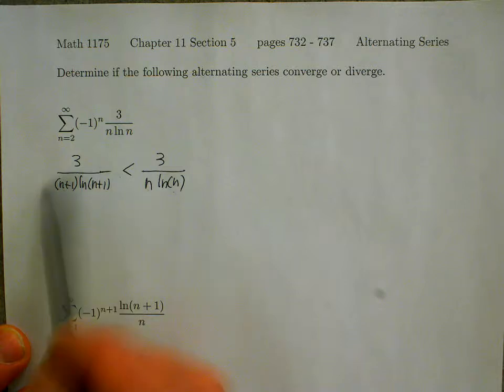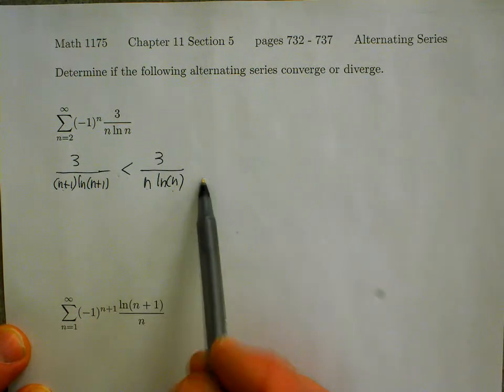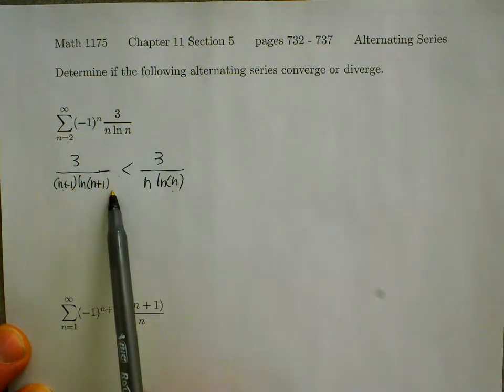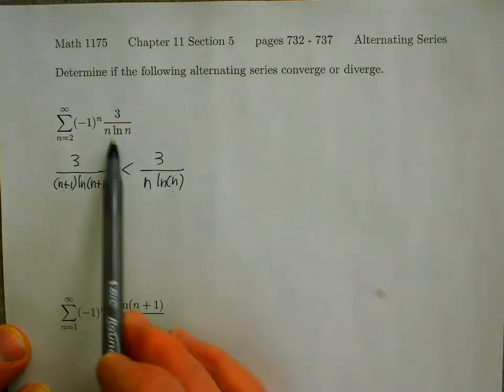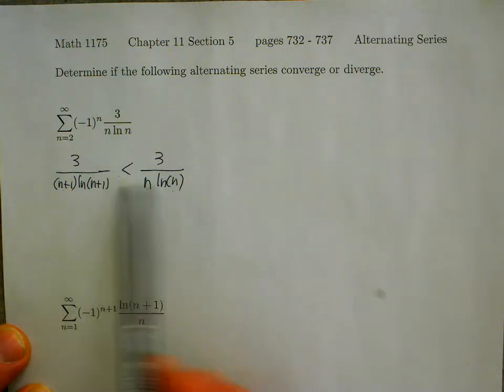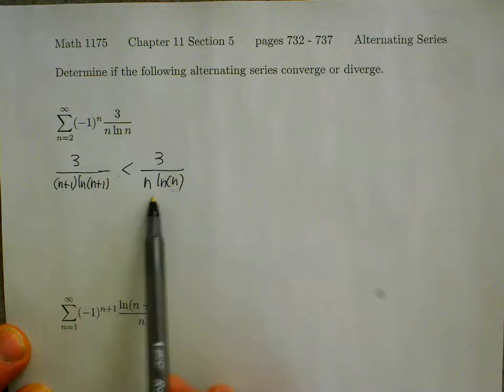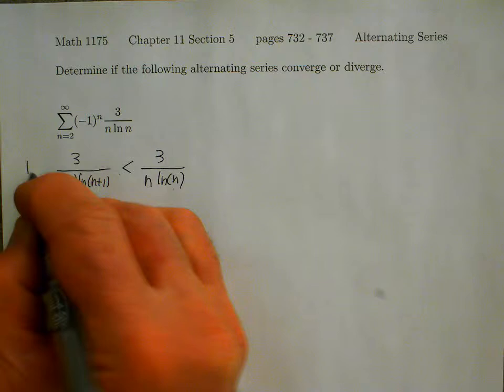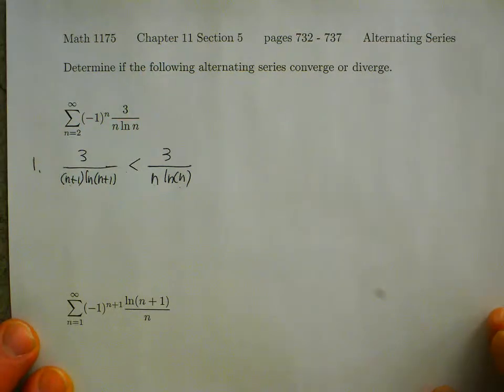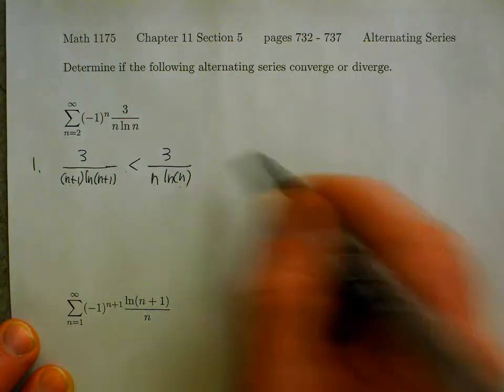So this denominator is bigger than this one, so this number is less than this number. So the sequence of positive terms is decreasing. So this is condition 1 of the alternating series test. So this one is satisfied.